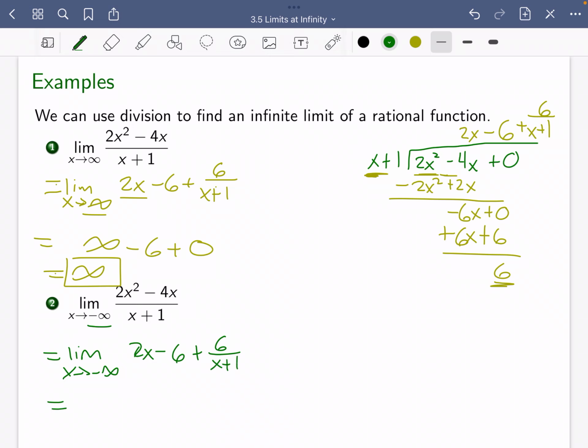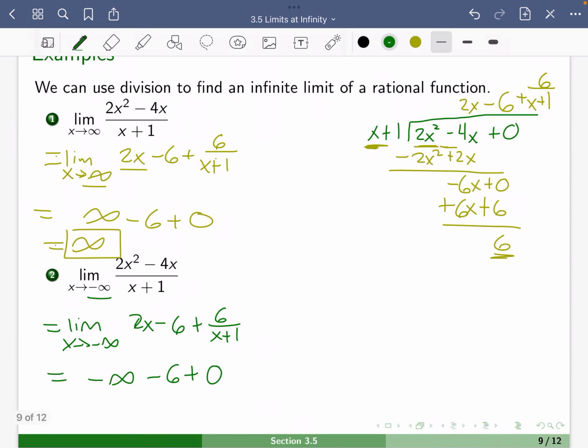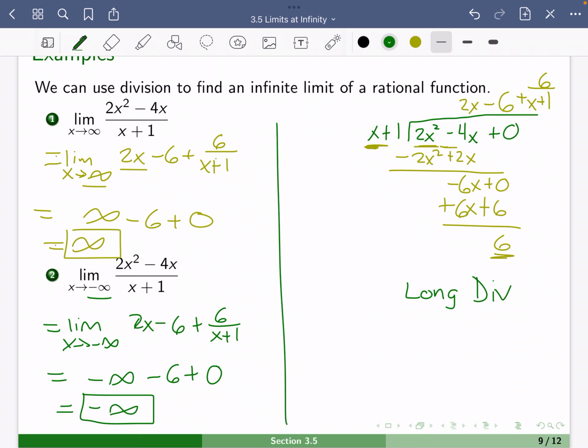And if we did substitution, you'll get negative infinity minus 6 plus 0, which is negative infinity. So that limit heads towards negative infinity. Perfect. So we did some long division over here, and then after we did that long division, we were able to find our limits.